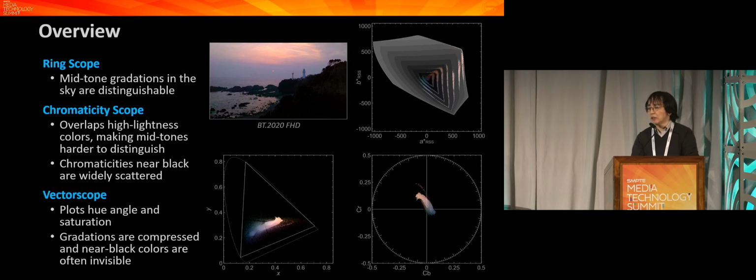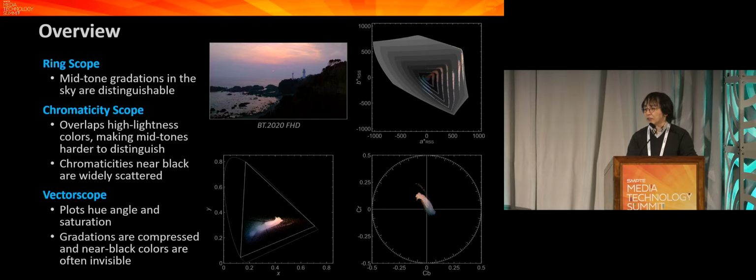This image shows the mid-tone gradation in the sky, and in the ring scope, we can see the two hue angles of pale orange and pale purple with mid-tone gradations.